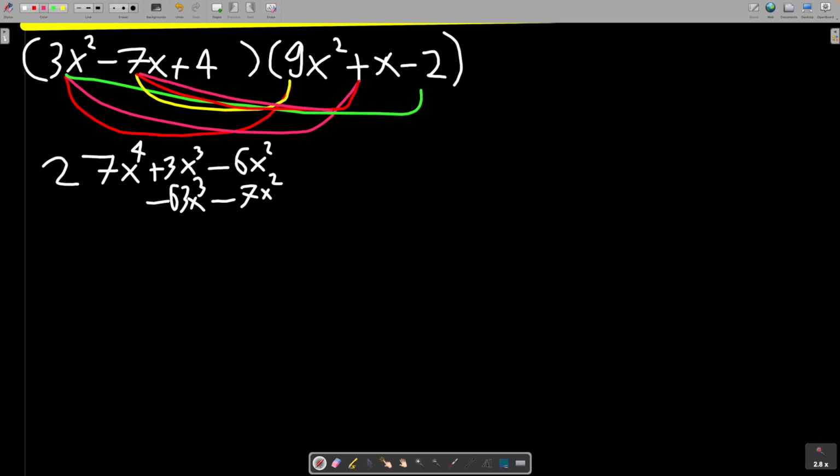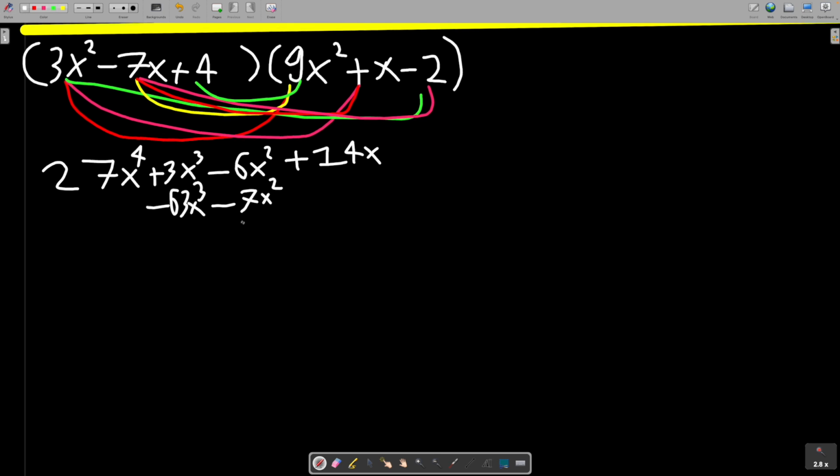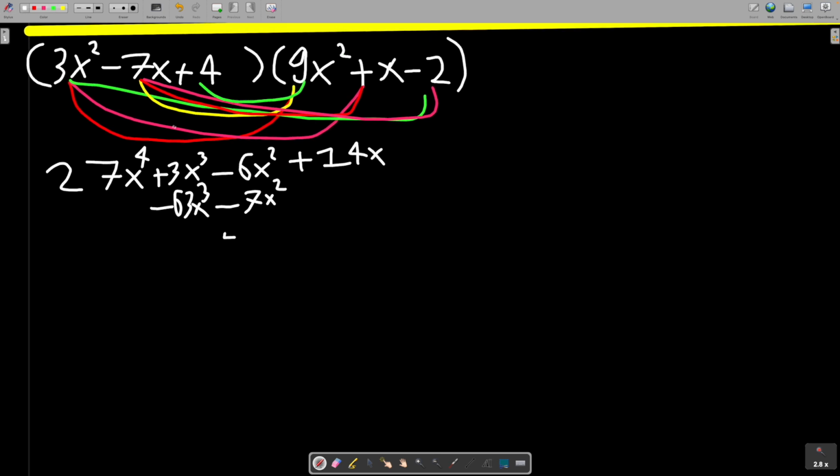Next we have negative 7x times negative 2. We're going to have positive 14x since a negative times a negative is a positive. And then we have 4 times negative 9x squared. That is negative 36x squared. Whoops, I shook the screen. There was an earthquake happening in the background. Plus 36x squared right here.